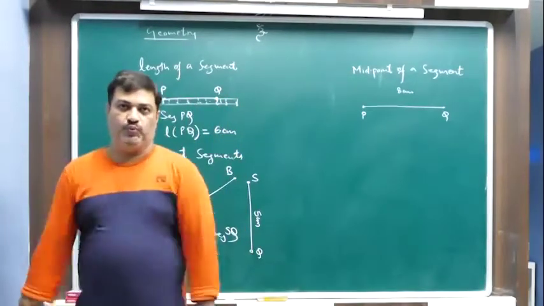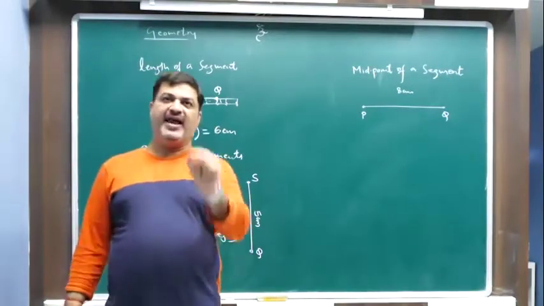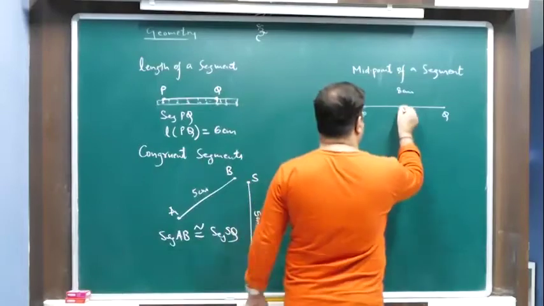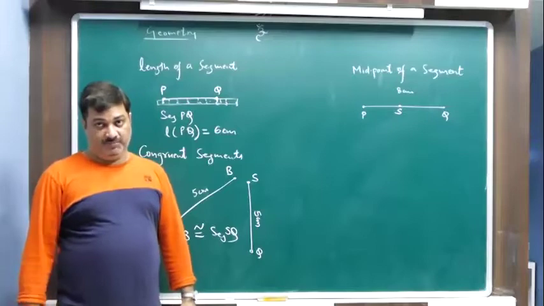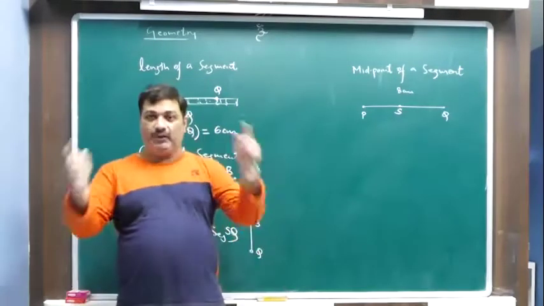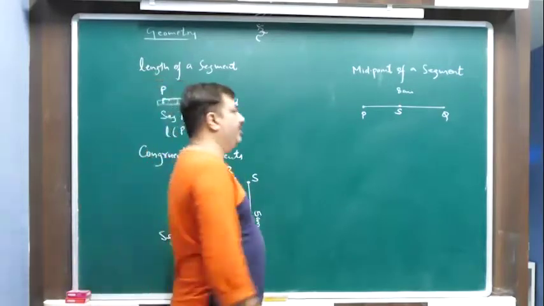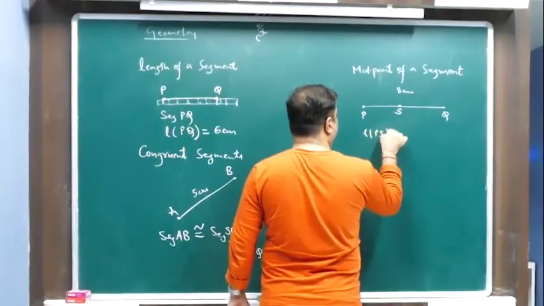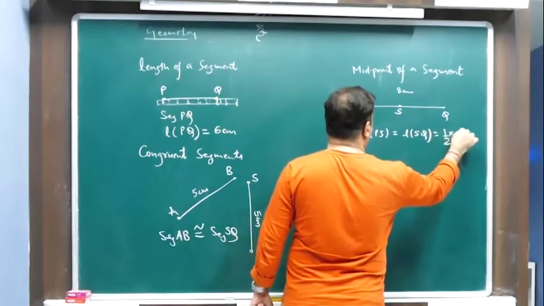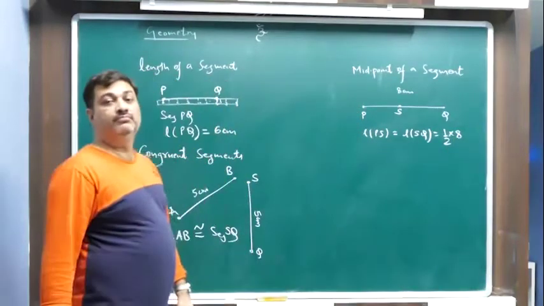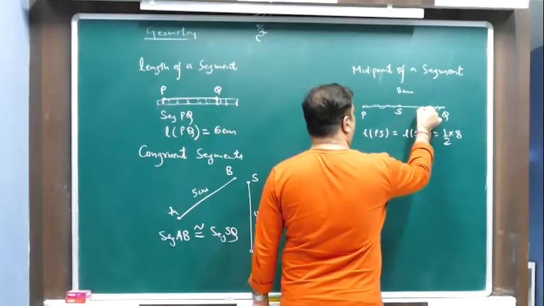Between P and Q, I repeat, between P and Q, if you select any point called S such that length of PS is equal to length of SQ is equal to half of 8, meaning this part PS is equal to this part SQ.